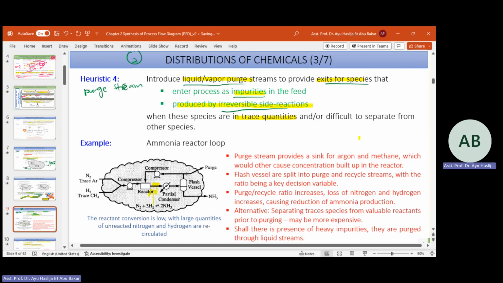Now, purge stream for these impurities or species produced by irreversible side reactions, when these species are in trace quantities, meaning low quantities, and or difficult to separate from other species.